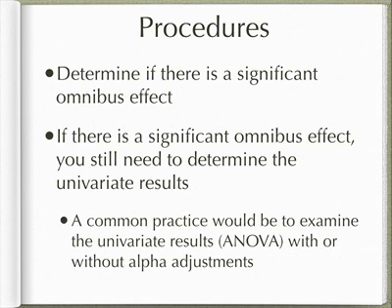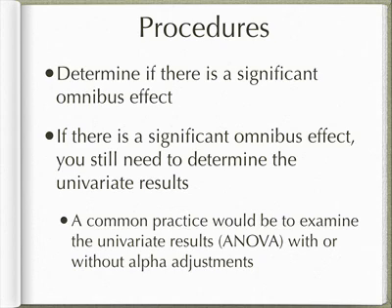So what we will end up doing is first determining if there's significant omnibus effects, we call them. There's about 4 or maybe 5, I think 4 different tests that get done for each omnibus effect or overall effect.